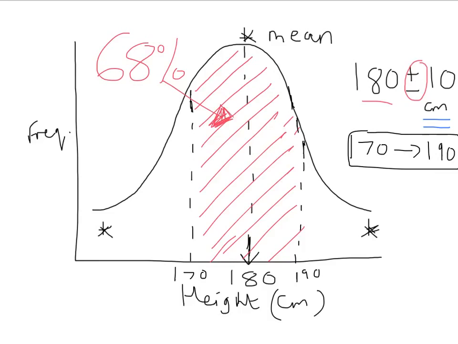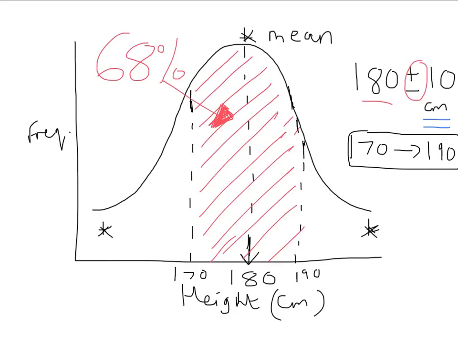So we've worked out statistically that 68% of all values would lie within one lot of standard deviation, so one lot of standard deviation above and below the mean.